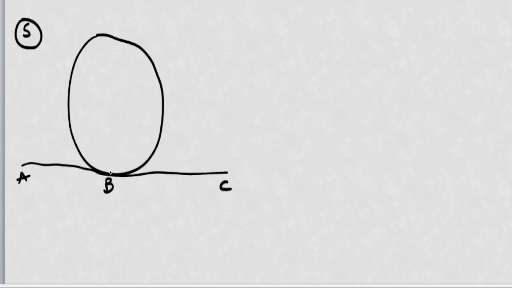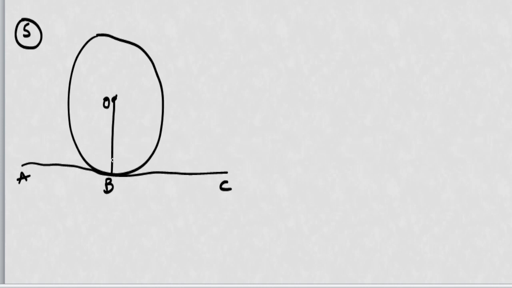Now, let's say there is a radius here. This is the center. One thing you should know about a tangent is that the radius of a circle is perpendicular to the tangent at the point of contact. Look, this is a radius, and this is a tangent.